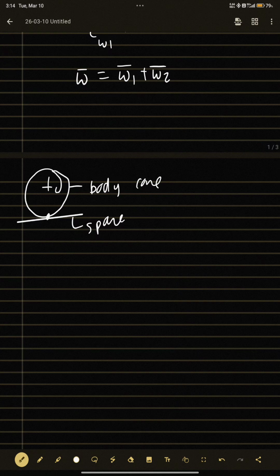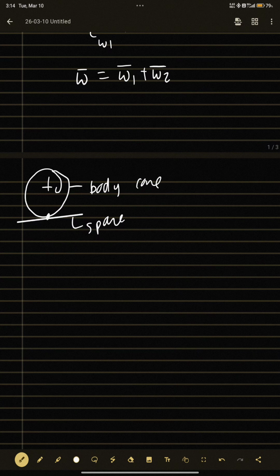We are conceiving the motion of instantaneous axis of rotation as a line of contact between body cone and the space cone, and the body cone is executing pure rolling on the space cone, and always that line of contact between the space cone and body cone is instantaneous axis of rotation.